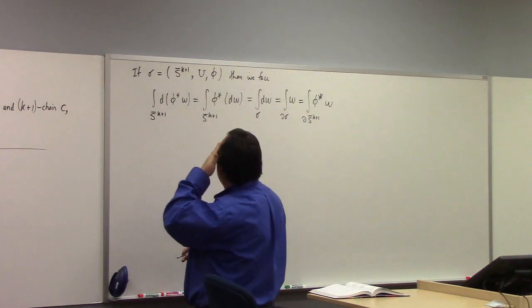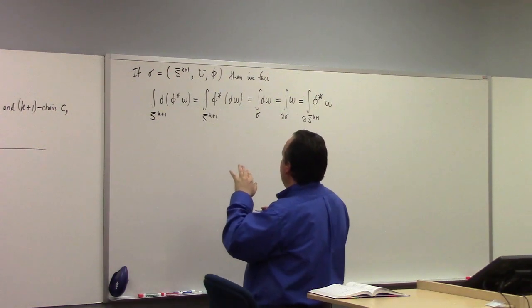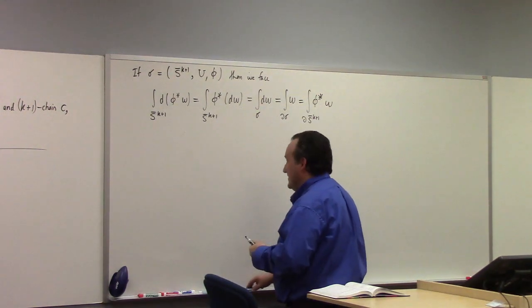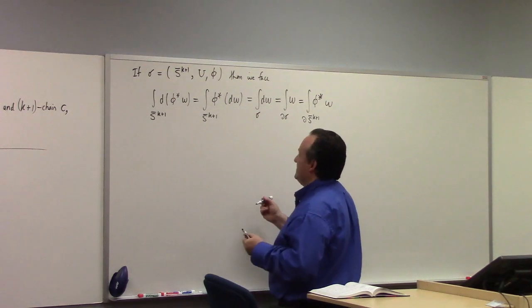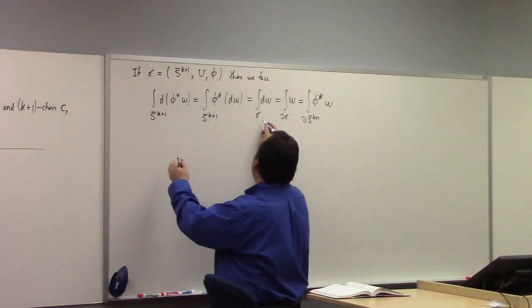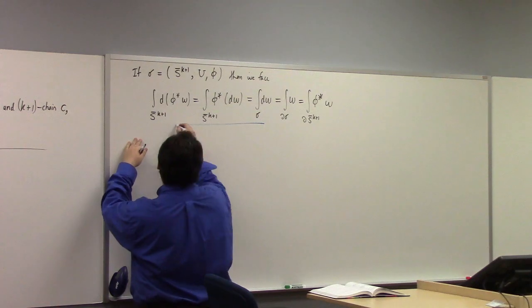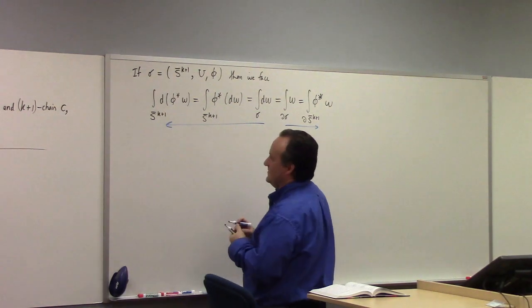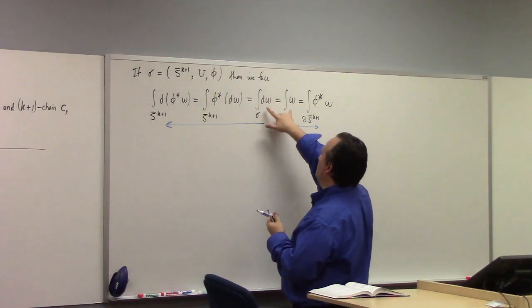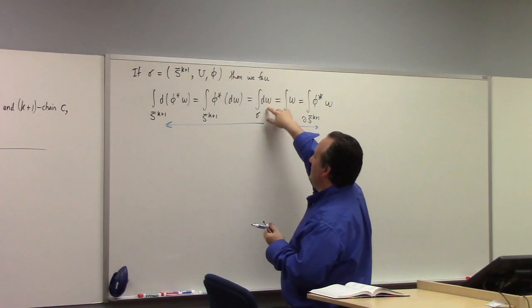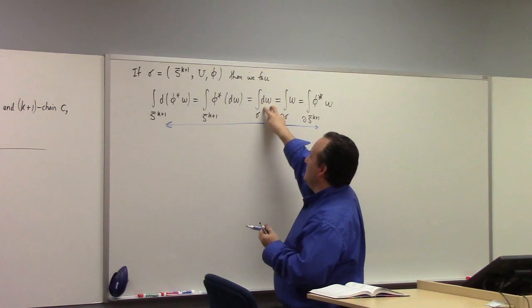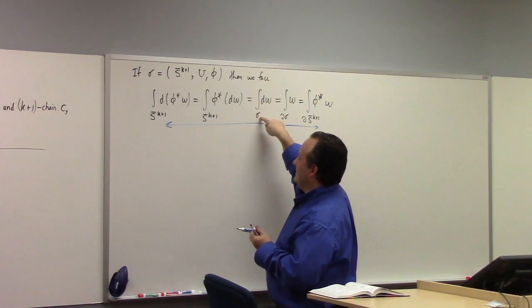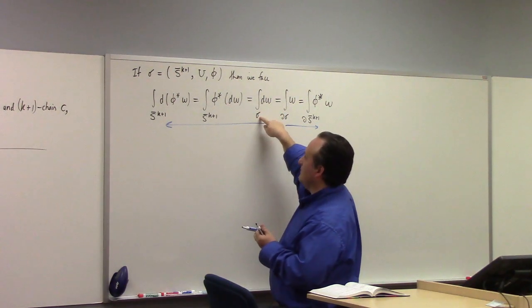All right, let me think about this. I think the way to read this calculation is inside out. So this is equal to that, and that is equal to that. We want to prove this is equal to this. But what this means is that you pull back the simplex on the manifold.